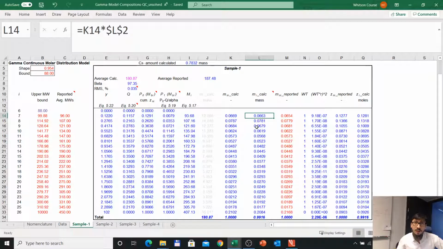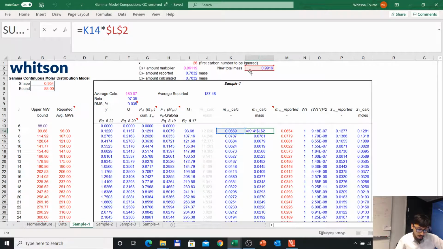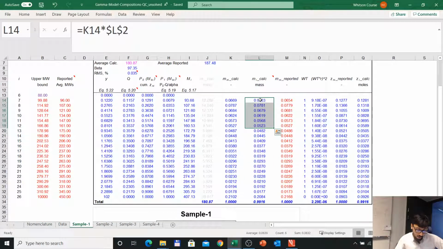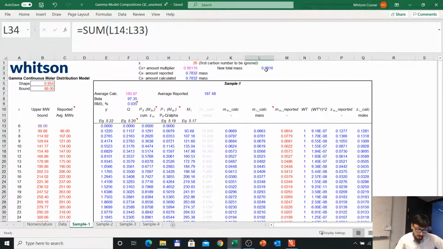And that's something we discussed briefly before, that when we will be doing the exercise, we'll be calculating a new total mass using the gamma distribution model, and that's something we will see on the top of this spreadsheet. But this one is linked to this cell here, for example, and this new total mass that's calculated here. But we will come back to this section that's on the top here. So that's the calculated mass for each component corrected to the new total mass. So all these columns, all these numbers, they should sum to the new total mass that's there.